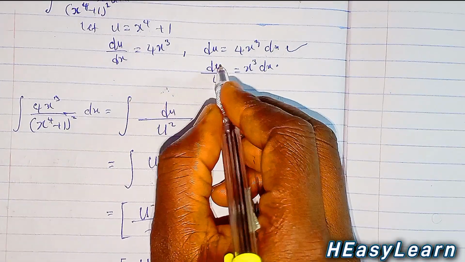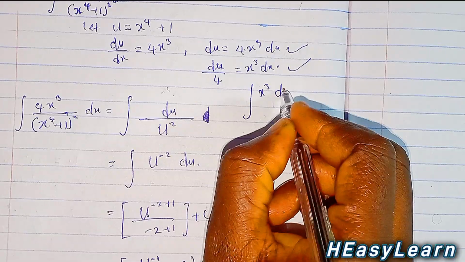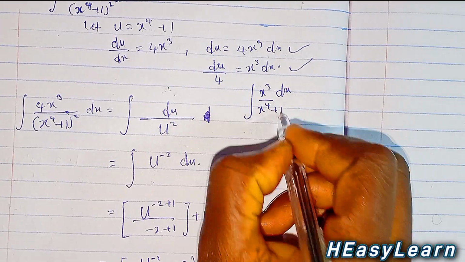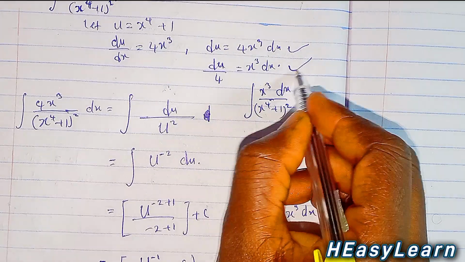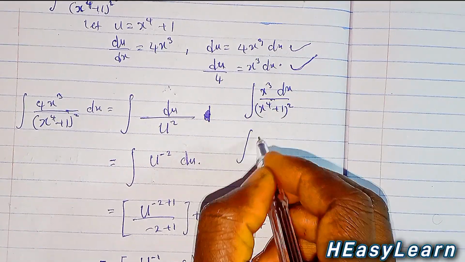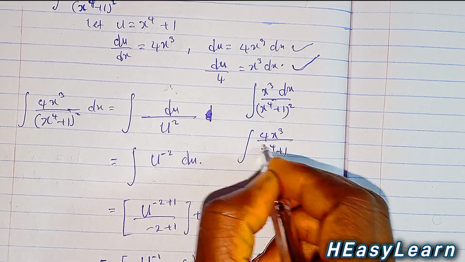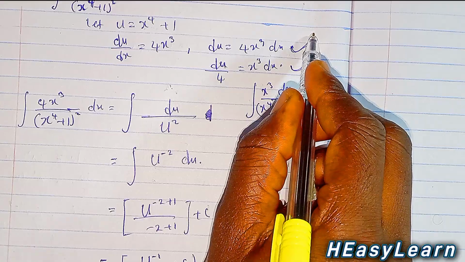So in that case, you use this second one if the question is x to the power of 3 dx divided by (x to the power of 4 plus 1) all squared. Then you use this substitution. But in a case where the question is 4x to the power of 3 over (x to the power of 4 plus 1) all squared dx, then you use the first.